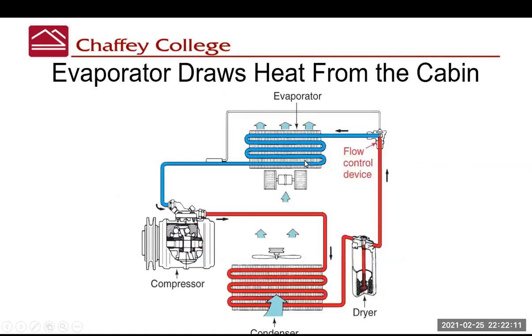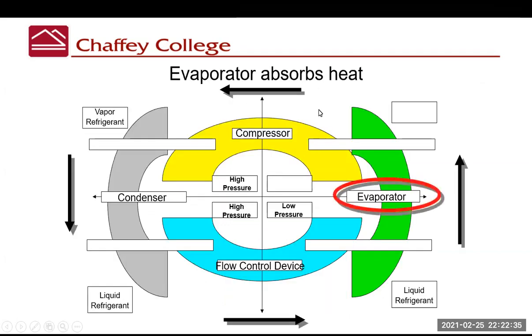From there, the flow control device feeds into the evaporator. Now, the evaporator works just the opposite of the condenser. When the refrigerant went into the condenser, it removed heat. It let its heat go into the air. Well, the evaporator absorbs heat. It takes the heat from inside the cabin and it takes that into the refrigerant. And because the refrigerant is now absorbing heat, what happened to the water when it absorbed heat?